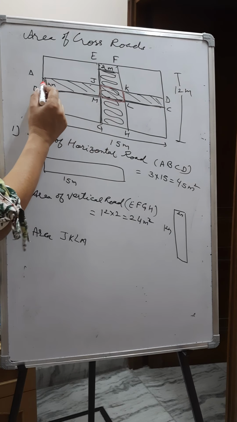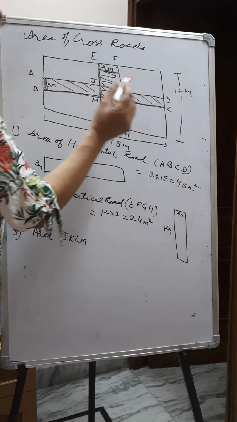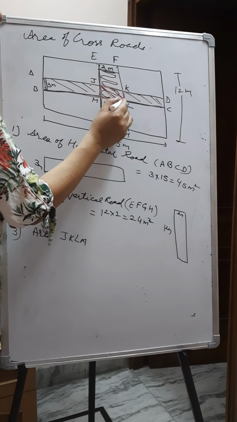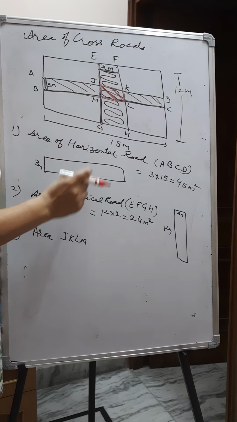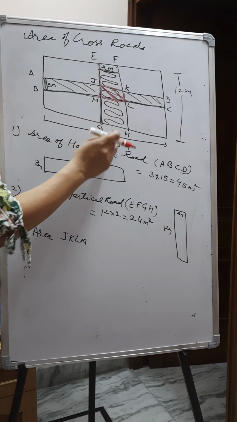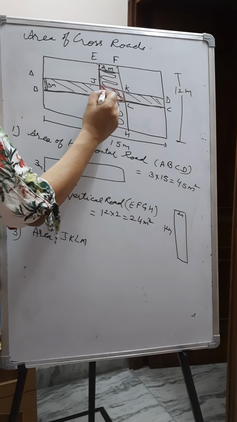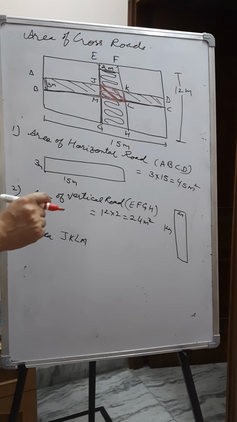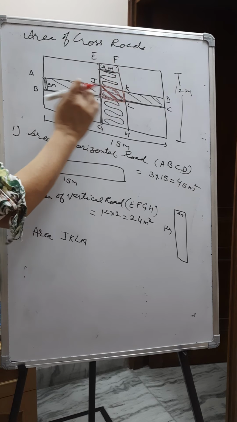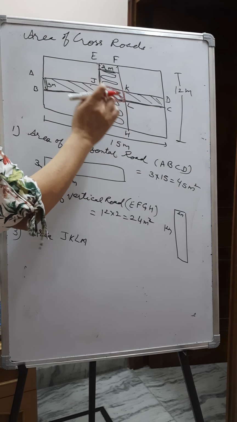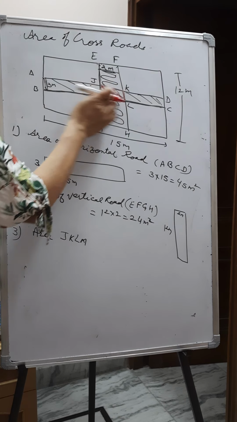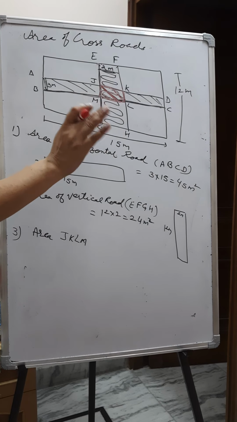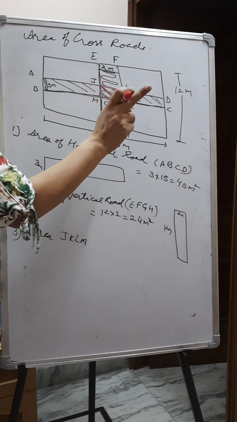The reason is, when we take the road horizontally, this area will come with this line. When we take the road vertically, this area will again come. Okay, 2 times it will come. To find the area, this area will appear 2 times, horizontally also, vertically also, but the car will pass only once.